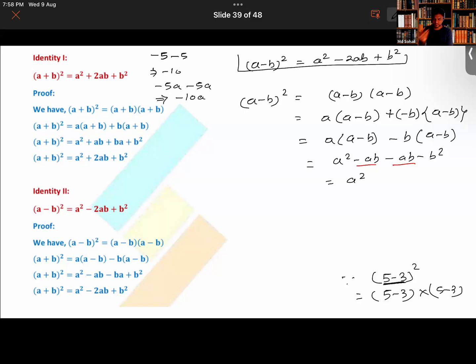In the same manner, it's going to be minus AB minus AB, that is minus 2AB now. There's a constant value hidden here now.